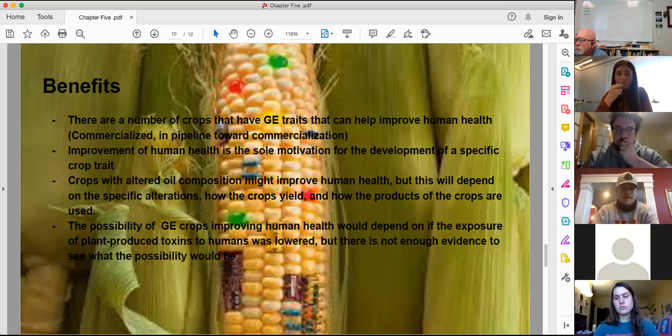Crops with altered oil composition might improve human health, but that depends on the specific alterations, like how the crops yield and how the products of the crops are used. The possibility of GE crops improving human health would depend on lowering the exposure of humans to plant-produced toxins, but there's not enough evidence to see what the possibility would be.